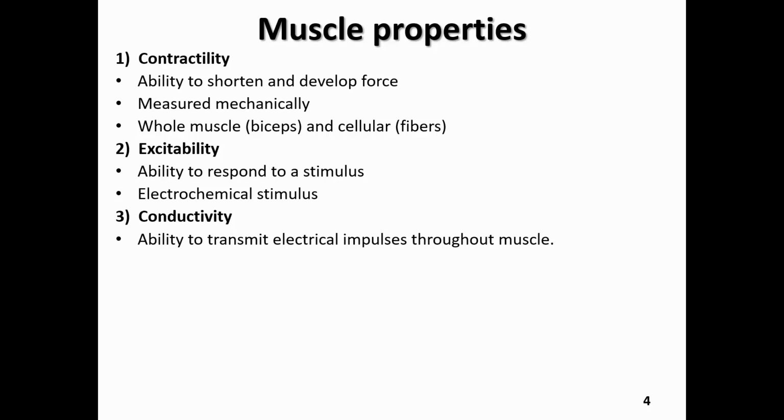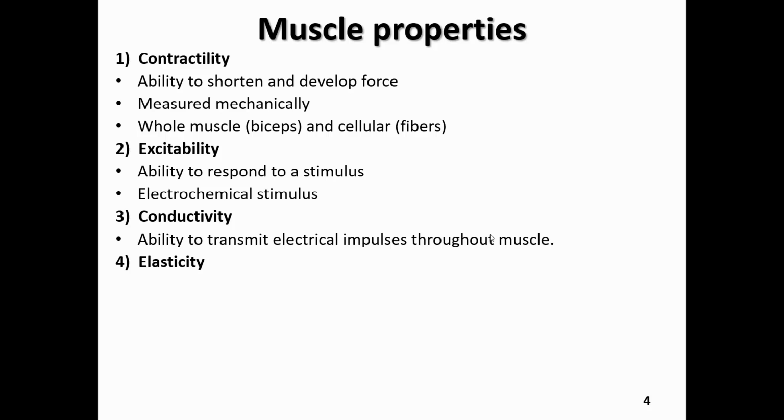And muscle is also conductive, which is to say that in a single muscle cell, an electrical signal that is generated from a neuron will transmit along the entire muscle cell that spans the entire muscle.